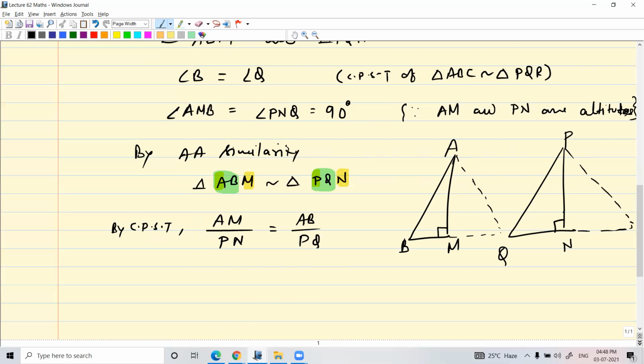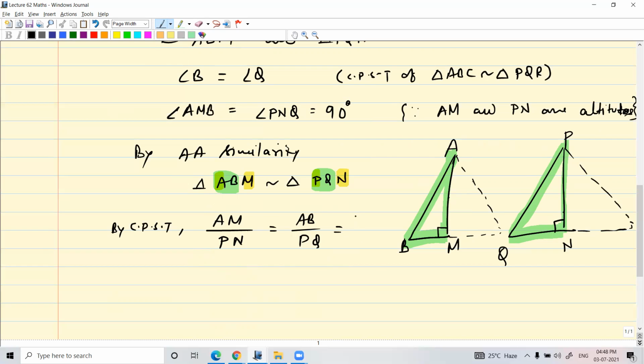So we have proved that this triangle is similar to this triangle here. Corresponding sides will be in the ratio, CPST. So AM by PN will be equal to AB by PQ, right? That's what I have written.